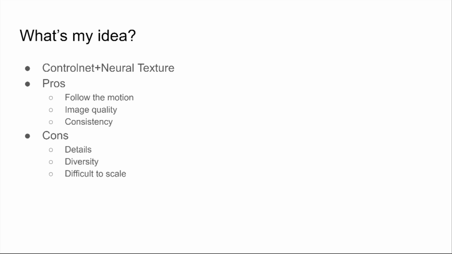Another thing is diversity, because in the process I mentioned we need an input video and a style transfer of that input video. This restricts the diversity of the generation. For example, you cannot really use another character following the same motion as the input. And it's really difficult to scale because it's still a cascade solution.